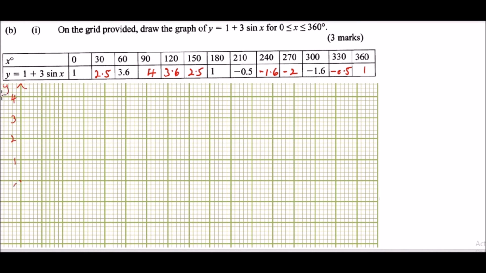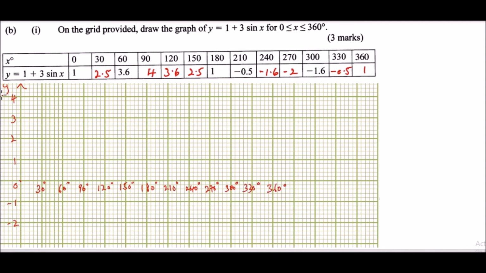Then we have 0 there. We have -1. We have -2. Then we take from 0: we have 30, 60, these are degrees, 90, 120, 150, 180, 210, 240, 270, 300 degrees, 330, and 360.